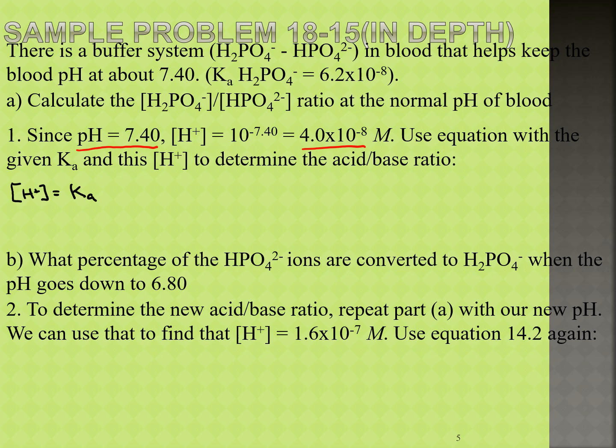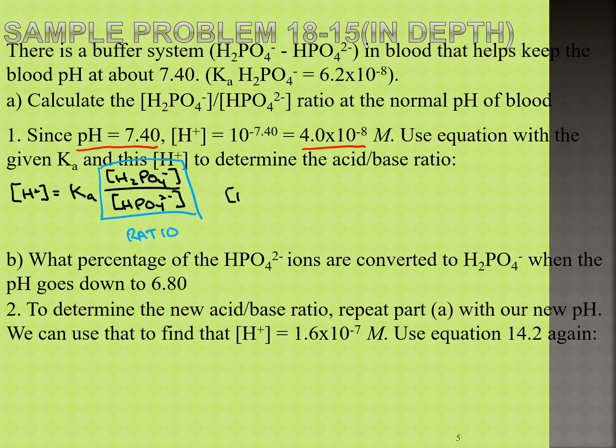See, I was not kidding. When I see buffer, we're probably going to use this equation. And this is our H2PO4 minus divided by our HPO4 2 minus. So this whole factor out here is our ratio.